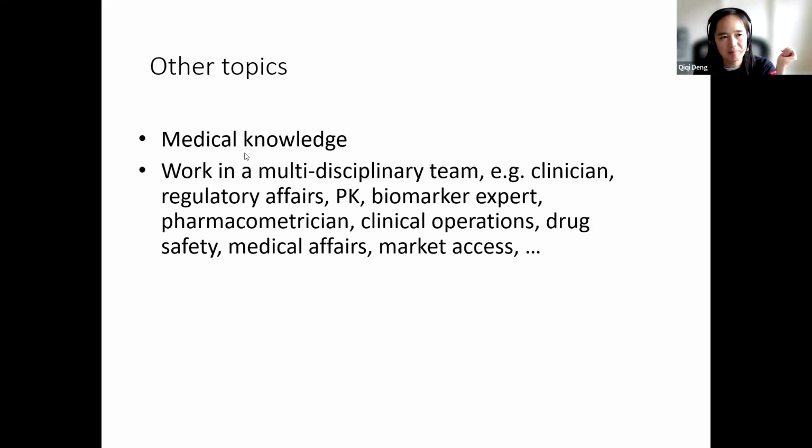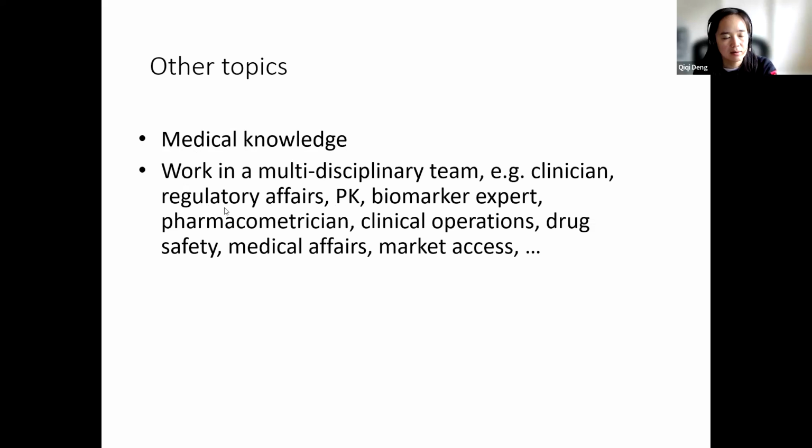We're usually not medical doctors by training. However, I think we have a lot of opportunities to interact with the doctors. So from there, and also from the experience of working on those trials, you naturally will gain a lot of medical knowledge, and that's going to benefit your contribution to the clinical development.